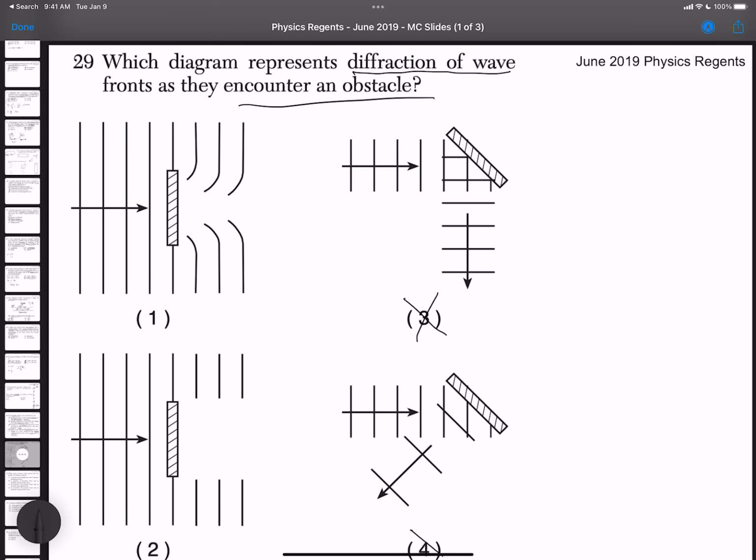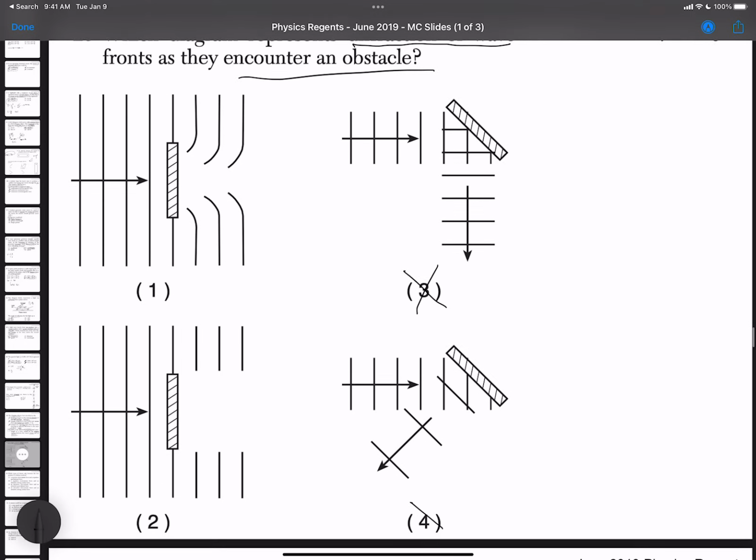Another important characteristic of diffraction is that the wave fronts will sort of bend and curve. And so you can see in answer choice 1, those waves are curving. And eventually, if you go far away from the obstacle, it'll be like the obstacle wasn't really there at all. Whereas in answer choice 2, you see that the wave fronts are chopped off and don't do any bending. So the answer is 1.